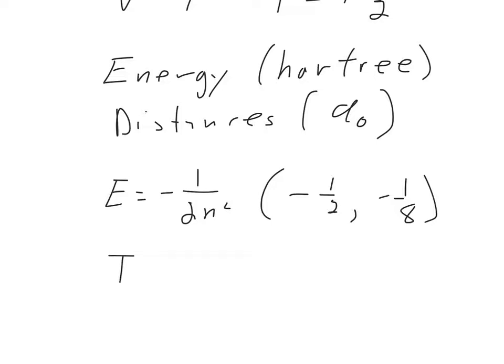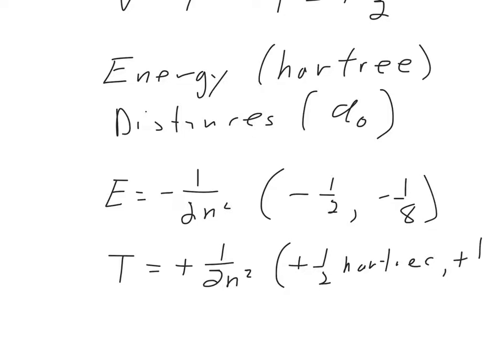The kinetic energy is plus 1 over 2 n squared. Just remember, this comes from the virial theorem. So that is plus 1/2, and remember that's Hartree, and plus 1/8.